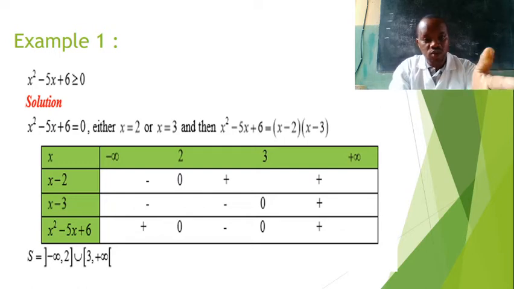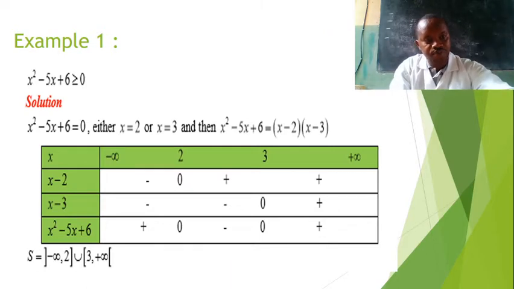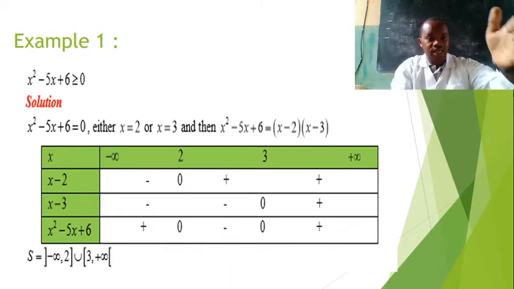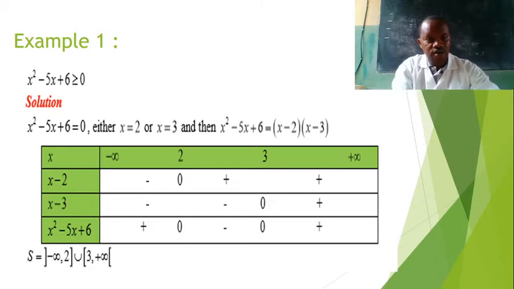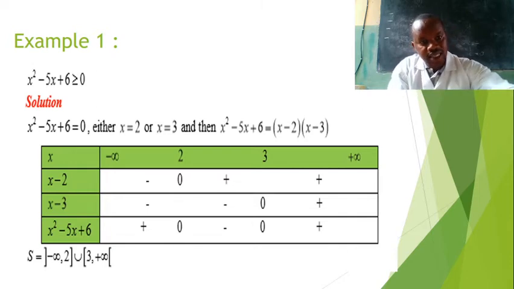It means 2 comes first and 3 comes next. In the first column, we put the factors that we found when we were factorizing x squared minus 5x plus 6. We start with x minus 2, then x minus 3.